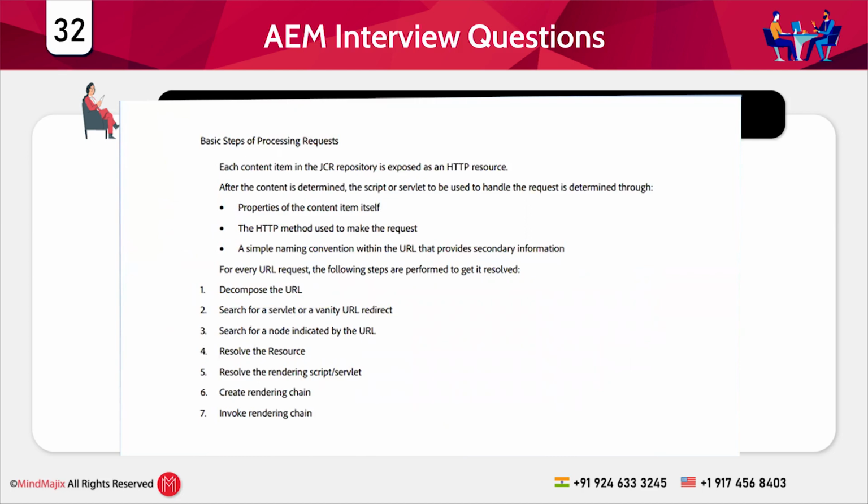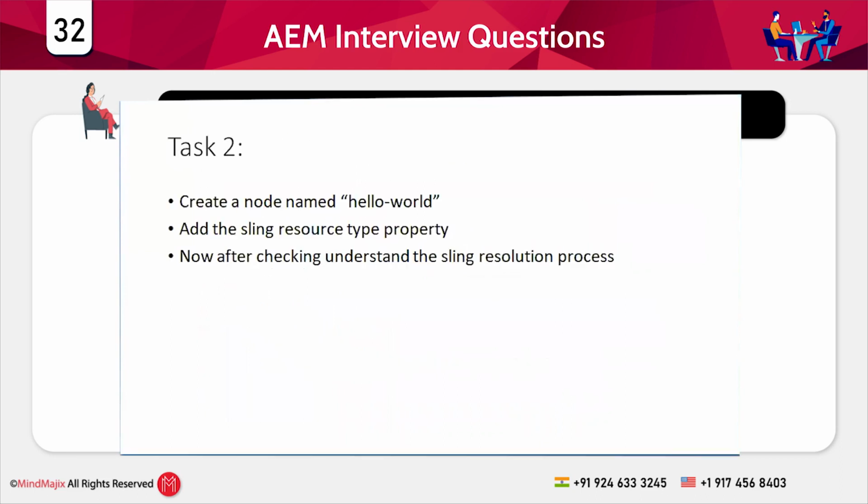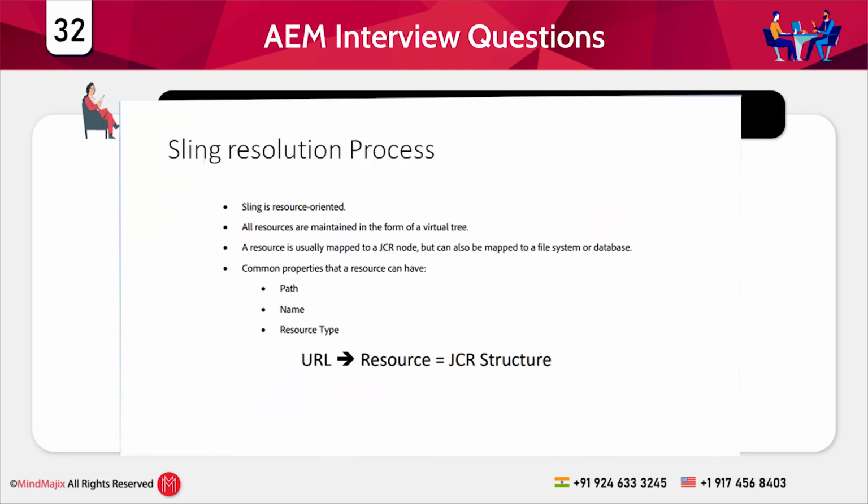Suppose you create a file in the apps folder with some content, and you create a file in the content folder and give the sling:resourceType property there, and in the sling:resourceType you give the path of that component present in the apps folder.